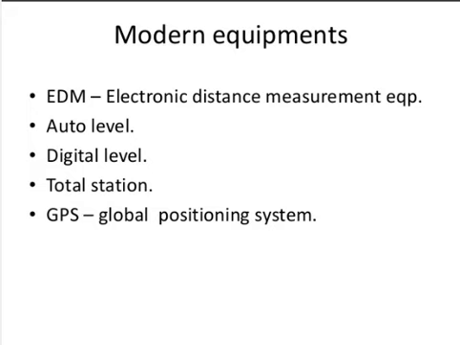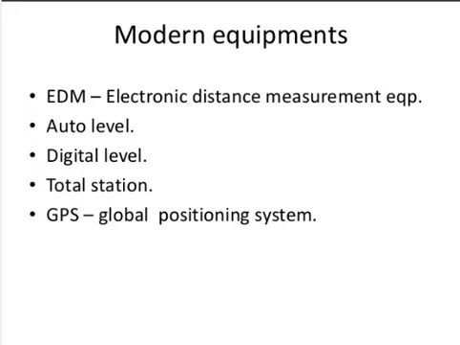So using modern techniques and modern equipment, you can never completely overcome the error, but you can reduce it. Say for example, if I use a chain, I have an error of 1 meter if I calculate a distance of 1,000 meters.